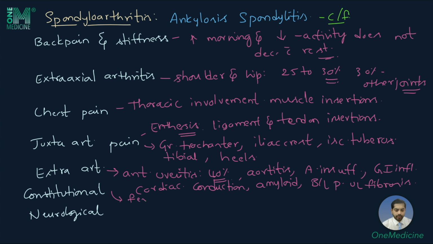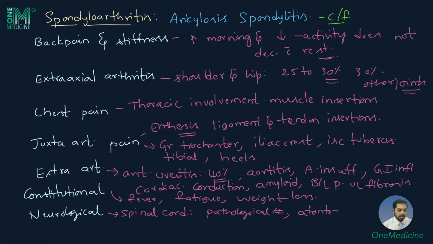Constitutional symptoms of fever, fatigue, and weight loss can be noted. Neurological features are usually related to spinal cord involvement, and there can be pathological fractures of the spine. Examples include atlantoaxial subluxation and cauda equina syndrome.